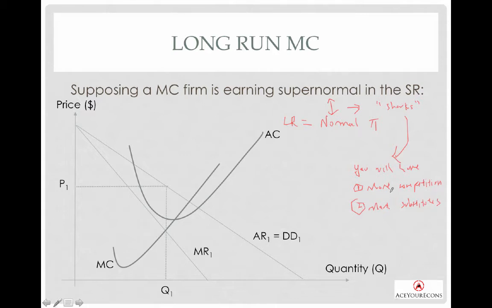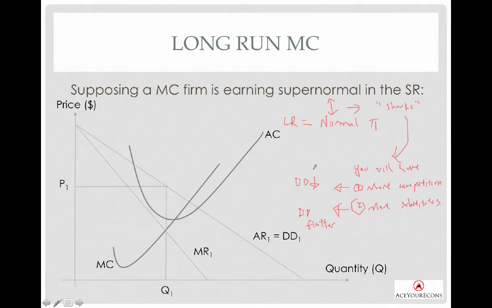So what will these two terms impact on the demand curve? When you have more competition, your demand curve is going to fall, because there are more competitors out there, so you have a smaller market share. And when you have more substitutes, your demand curve will be flatter.